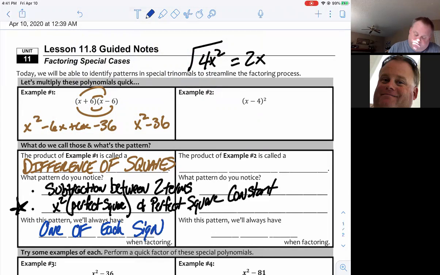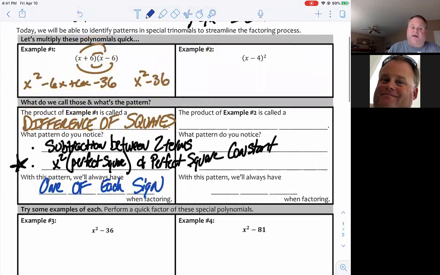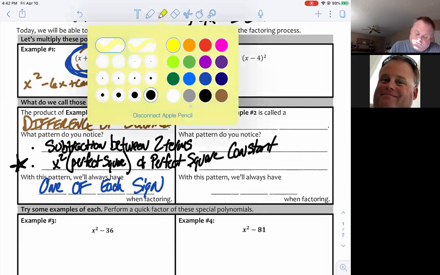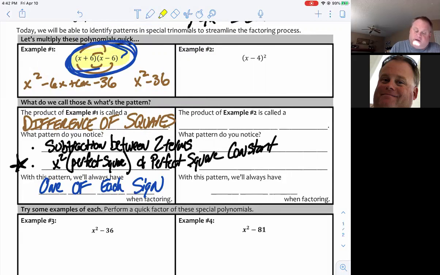And what I mean by that is that when I go to factor it, just like we had up here, one of the binomials is going to be positive and one of the binomials is going to be negative when I factor them, when I go in reverse.